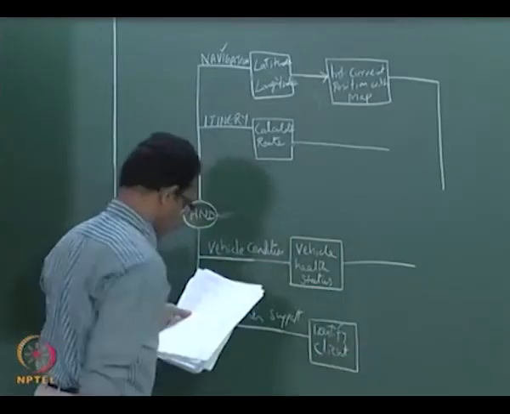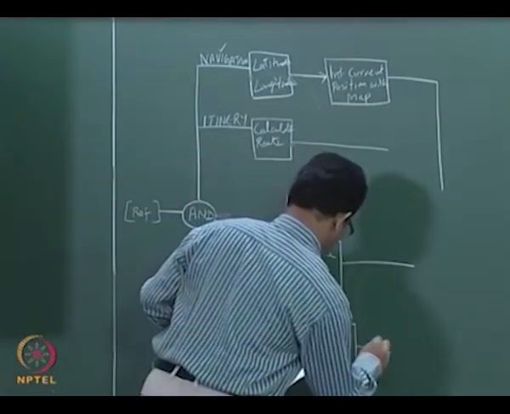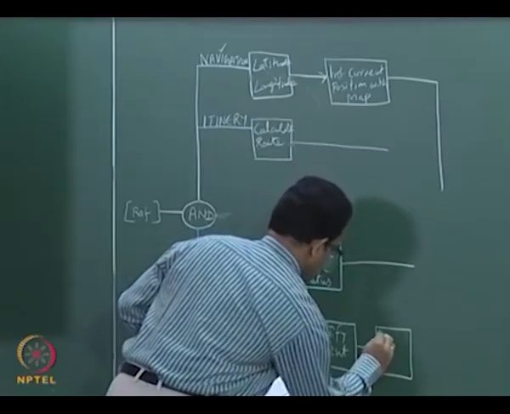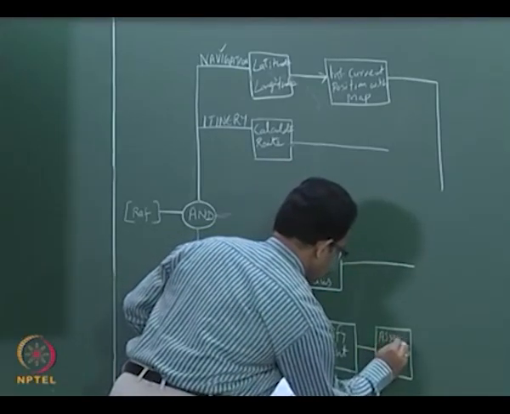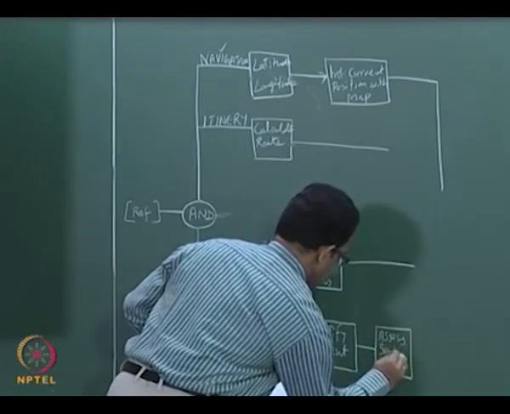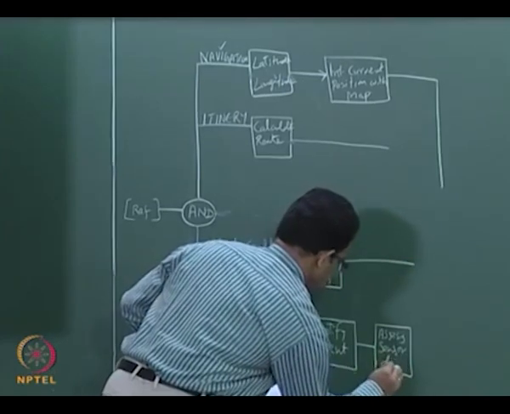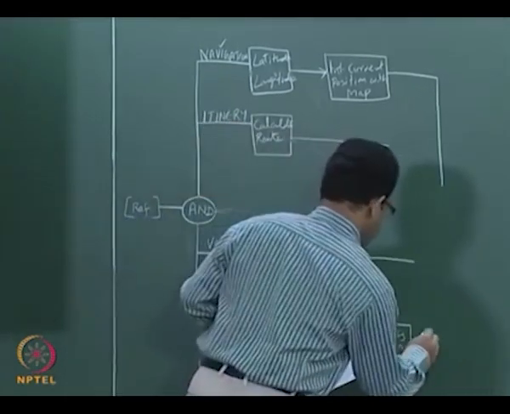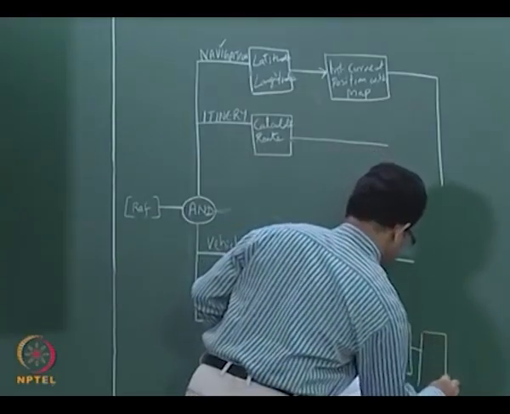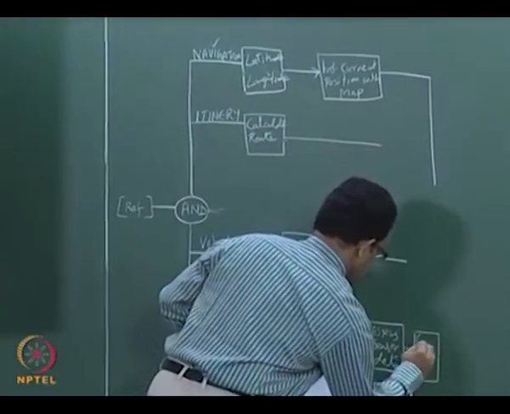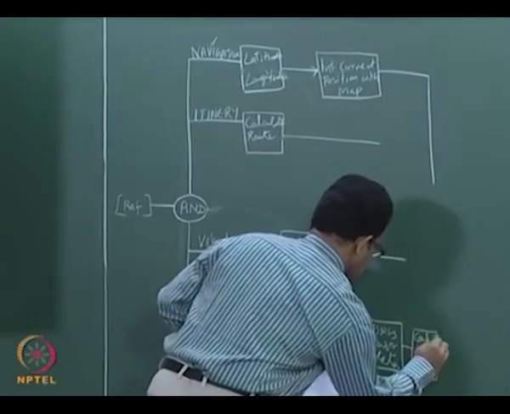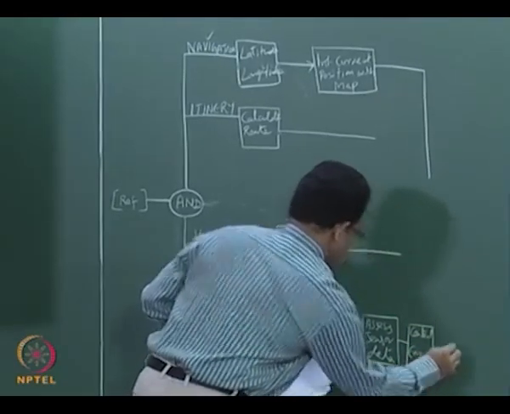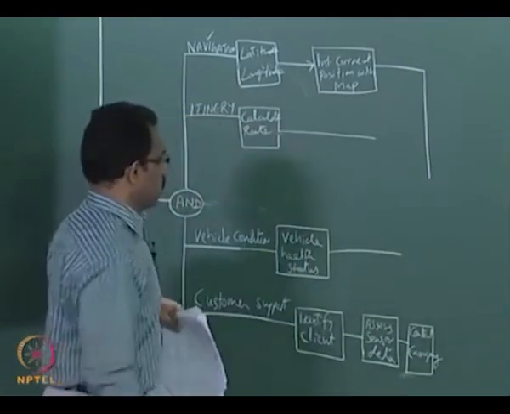So identify the client, and assess the sensor data, basically whether all the sensors are working properly and whether the GPS data is correct. So this kind of information is to be collected. So assess sensor data, and then if needed, contact emergency services.